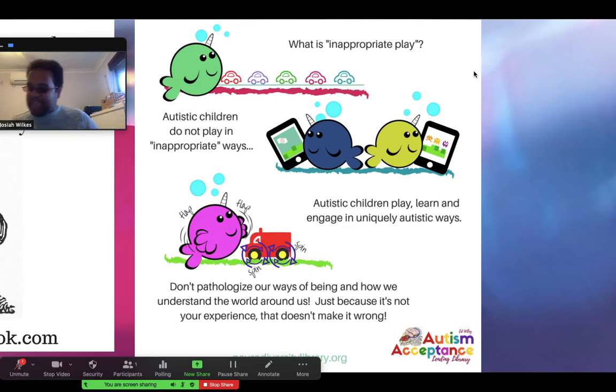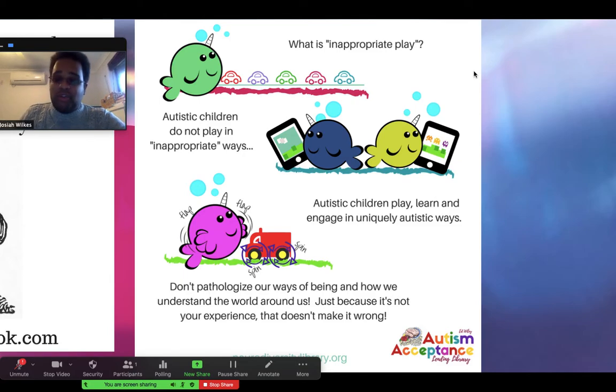One of the misconceptions for students with autism is that when you see them playing and you see them not making eye contact, you see them not doing the games the way other students normally do it, there's something wrong with the child. We need to fix that. We need to teach them how to play properly. But autistic children do not play in inappropriate ways. They just play and learn in unique and different ways.